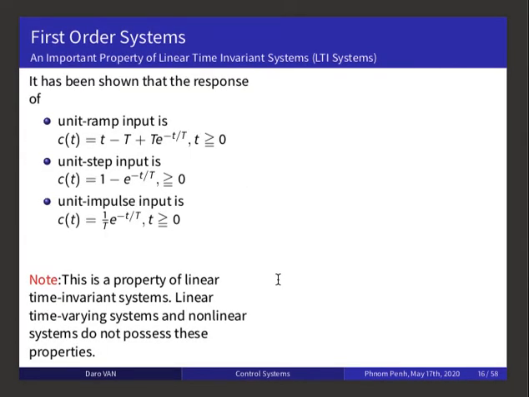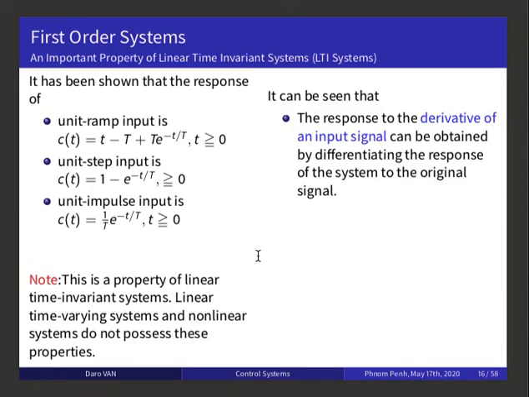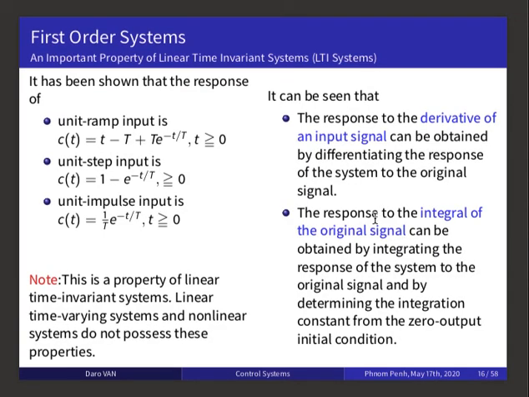It has been shown that the responses to the unit ramp, unit step, and unit impulse are given like this. It can also be seen that the response to the derivative of the input signal can be obtained by differentiating the response of the system to the original signal. It also holds for the integral of the original signal as well.